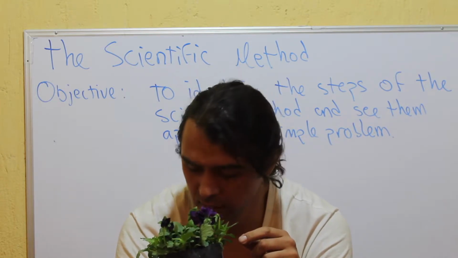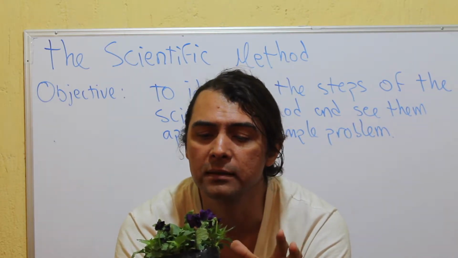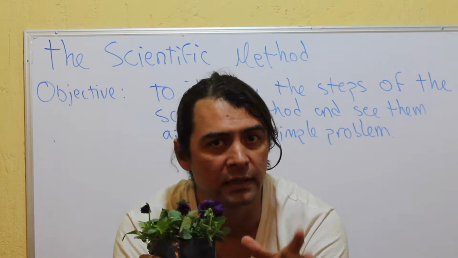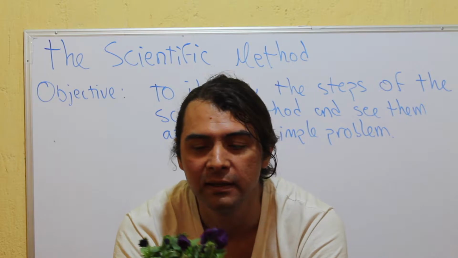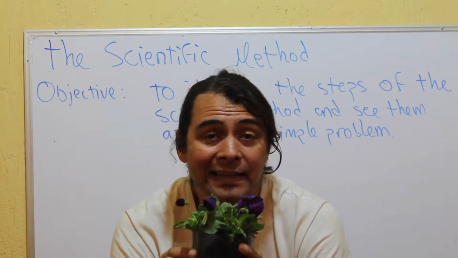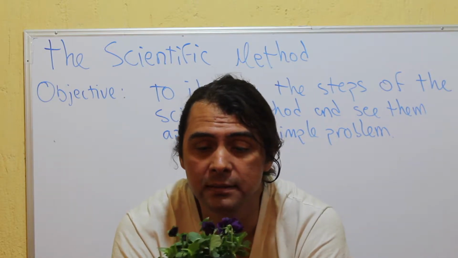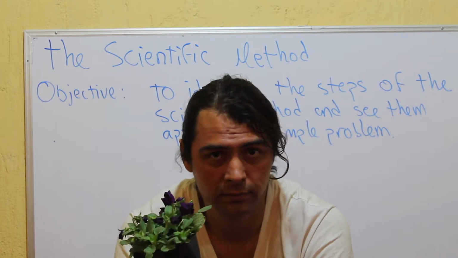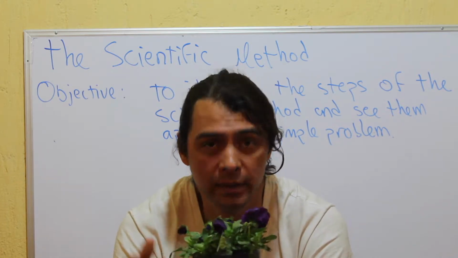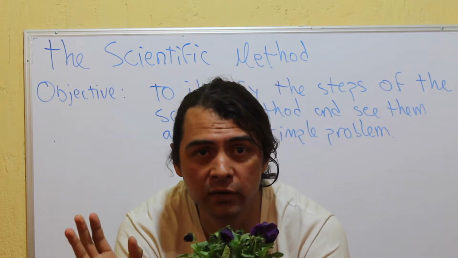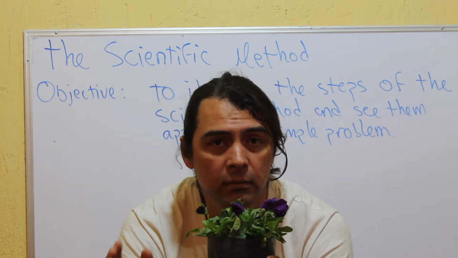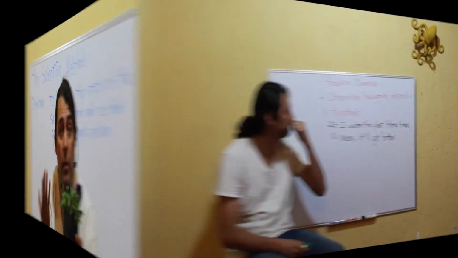And it turns out I have been watering this plant daily for the last 5 days, sorry, for the last week. And it hasn't been good. The plant is not looking good. That's my observation, okay? Touching the plant, knowing something about the plant.